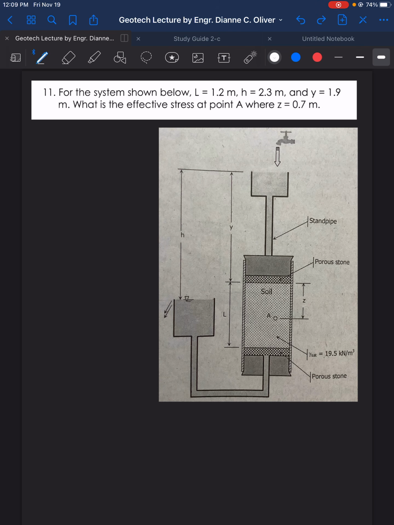So L is equal to 1.2 meters. H is 2.3 meters. H here. Okay, so that is 2.3 meters. And Y is 1.9 meter.